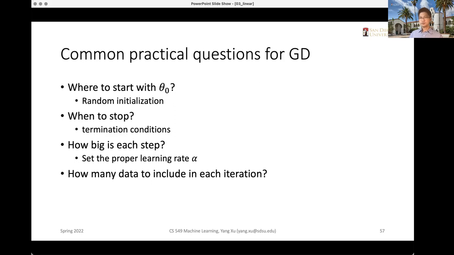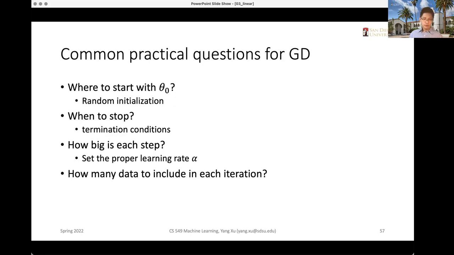That is a question we will face, especially when we have large data sets. In our assignments, we use a toy data set that has only 100 or so data points. That is a very small, tiny data set, so it's okay that in each iteration we put in all our data points.